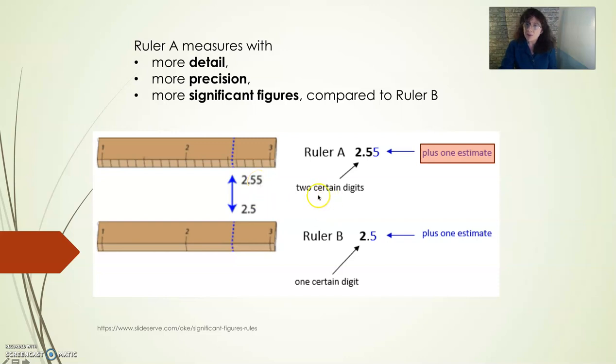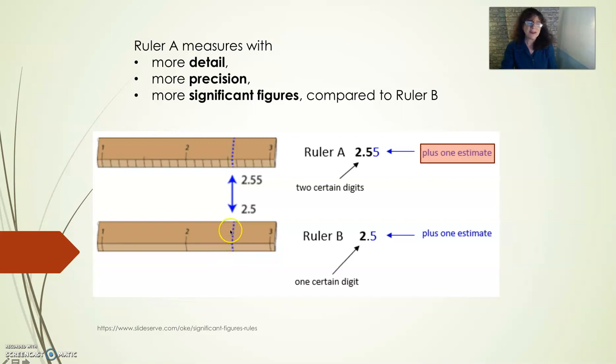Can you do that with ruler B? No, this piece of equipment does not have as much detail. This piece of equipment has a 1, no ticks to the 2, and no ticks to the 3. So in measuring here, I have covered to the value of the 2, so I put the 2 in, and then my last digit is going to be an estimate.